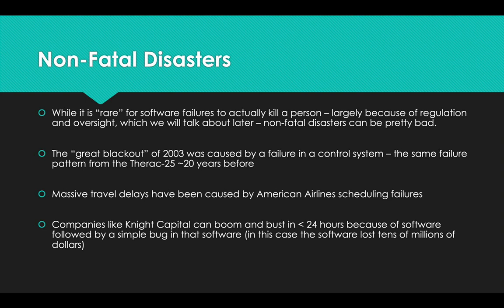But then if their software fundamentally fails and does something untoward, like Knight Capital, selling stock when it shouldn't be selling stock, they can bust in a fraction of the time that it took them to boom. So Knight Capital had been around for quite a long time, and they actually completely busted in, I think, like 12 to 16 hours, something like that, because of a single software failure. So even though not all software failures are disasters that kill people, they can kill companies, they can cause massive issues at a societal kind of level.